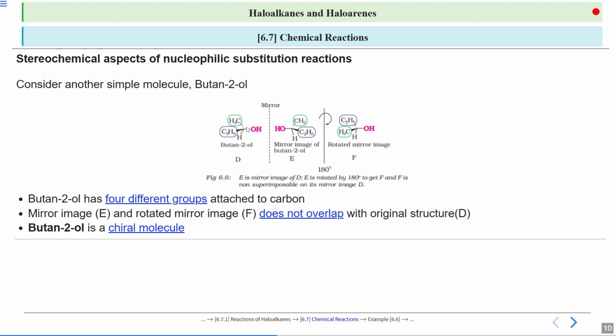You can also see the carbon at which the hydroxyl group is present has all different substituents: methyl, ethyl, hydrogen, and hydroxyl, right? So it is a chiral molecule because a chiral carbon is present in it.